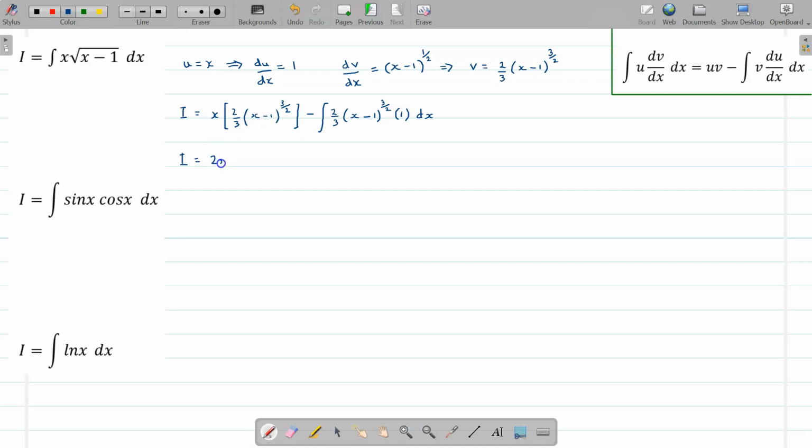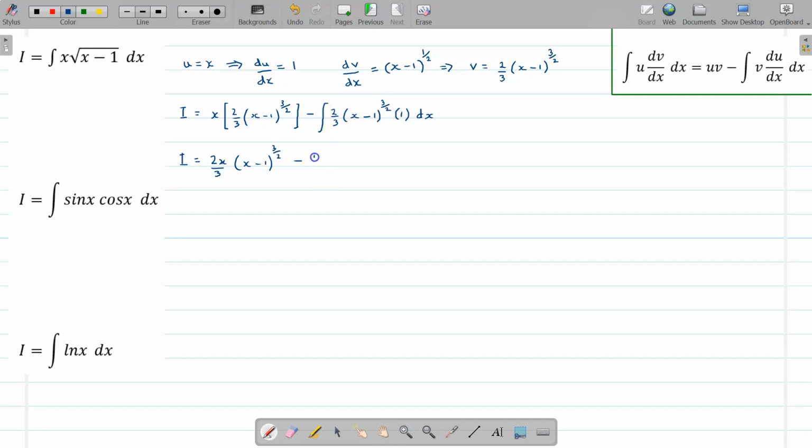2/3 of x, times x minus 1 to the power 3/2, and from that we're going to subtract the integral of this. Now if you consider the integral of x minus 1 to the power of 3/2, the differential of x minus 1 to the power of 5/2, that will reduce to give us the 3/2, but it will also put 2/5 in front of this.